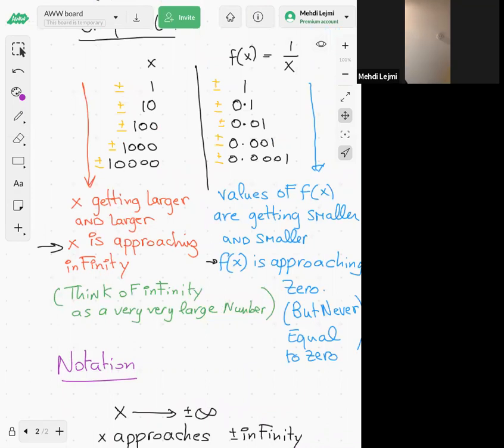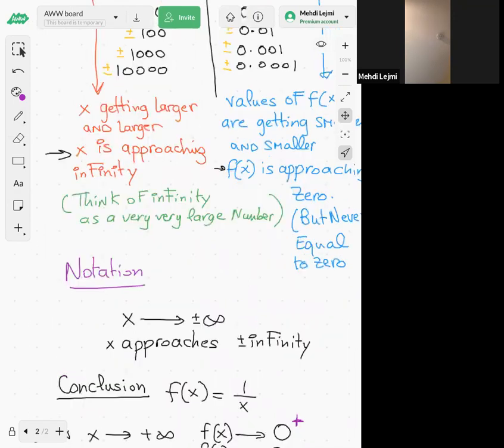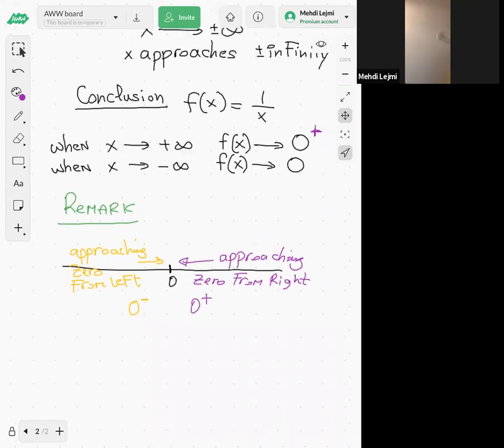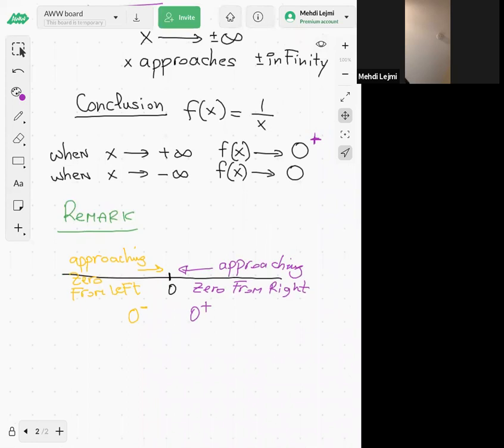The values of f of x are going to be negative. They're getting close to 0, but they are negative. So it means that you're approaching 0 from the left, because on the number line, if you are negative and approaching 0, you are coming from the left. So here I'm going to put 0 minus.